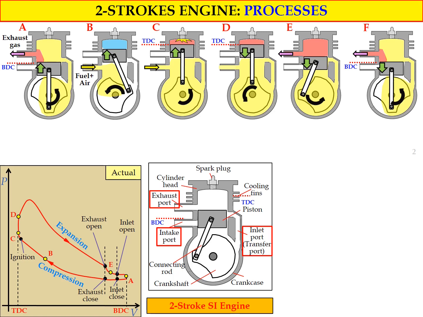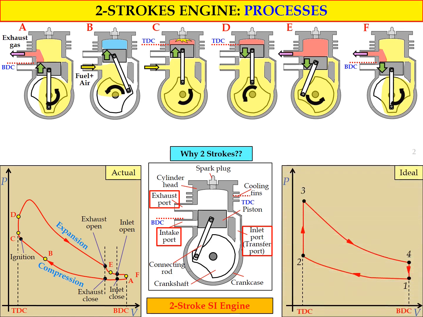The flow of the fuel plus air mixture also will push the remaining exhaust gas to be released to the surrounding through the exhaust port. Now if we plot the point on the PV diagram, we have point F, where point F is actually equal to point A.